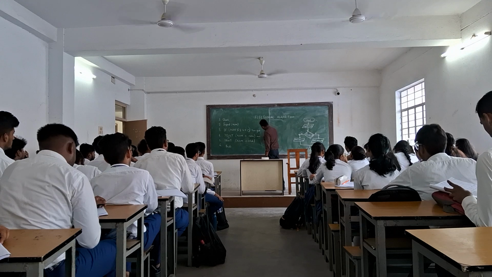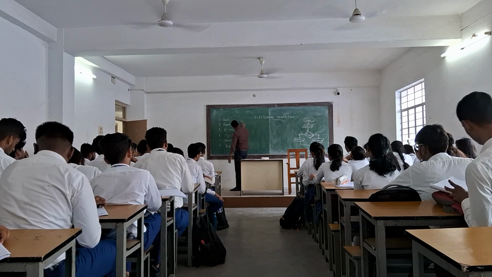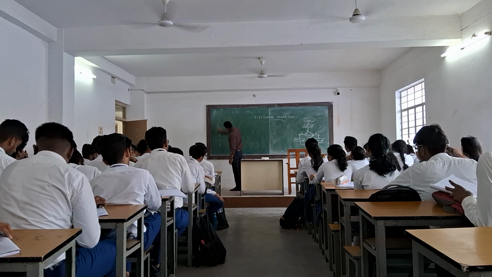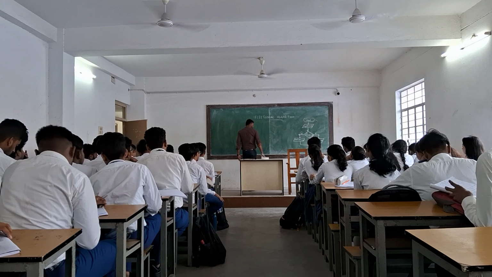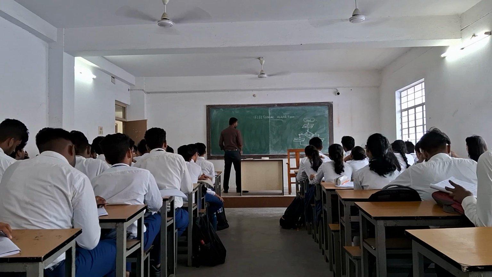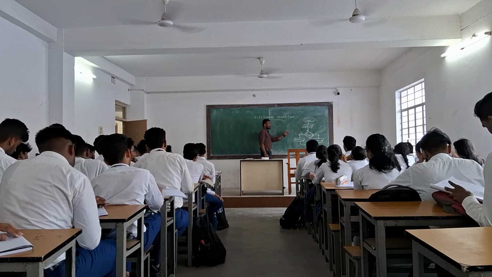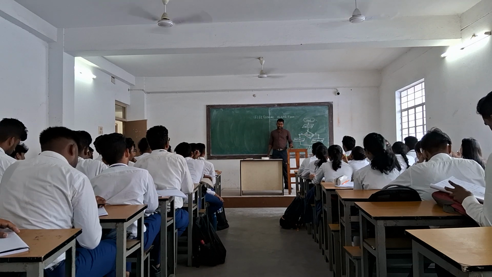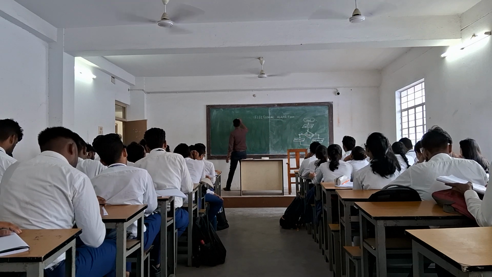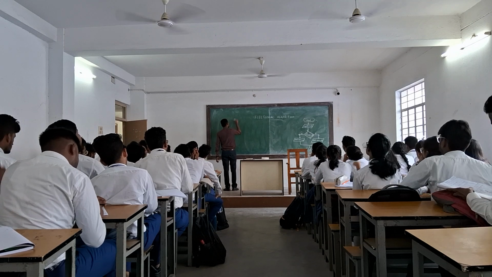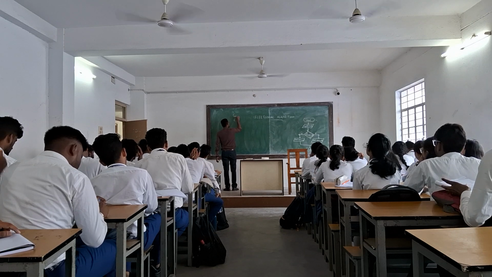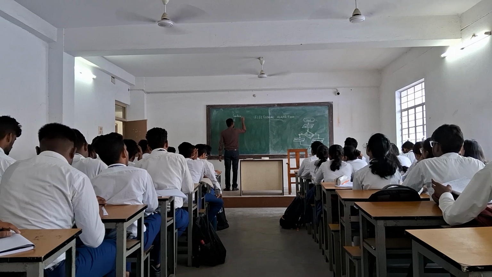Now, from that flowchart or algorithm, we will write the C code. So to check this type of condition, C provides us the if syntax. This is very much important.